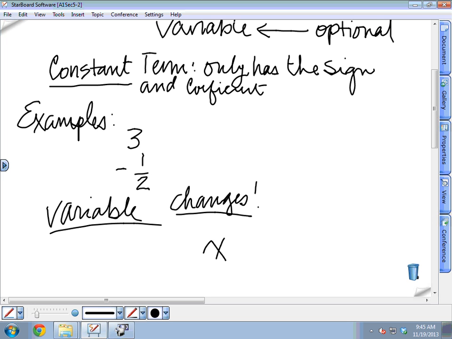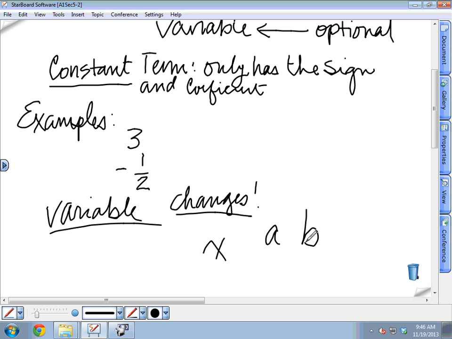X. A. B. Those are examples of variables. You know that. This is kind of elementary in a way because I'm trying to remind you of what you already know. You might not have thought about it that way, but the reason we call things what we call them is because they mean something to us, okay? So when I say the constant term, you know I'm looking for a number with no variable attached to it, right?